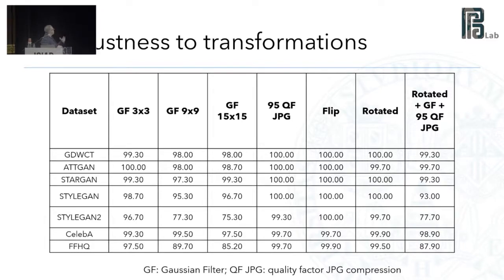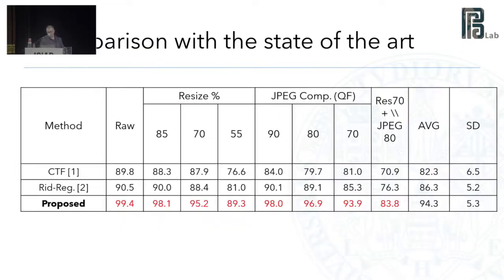This approach shows that if we change the network, we have a different accuracy, this is true, but more or less we have a sort of convergence of this accuracy despite Gaussian filters, JPEG compression, flip, rotation, and so on.